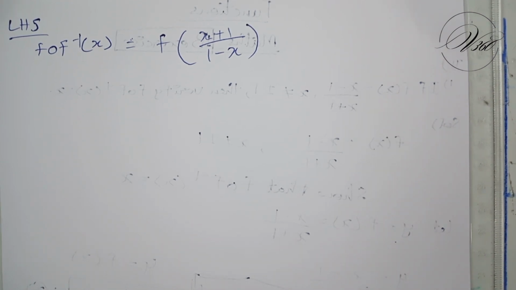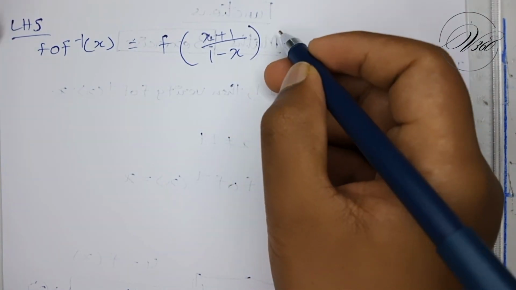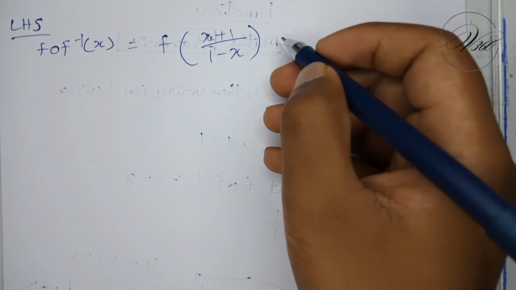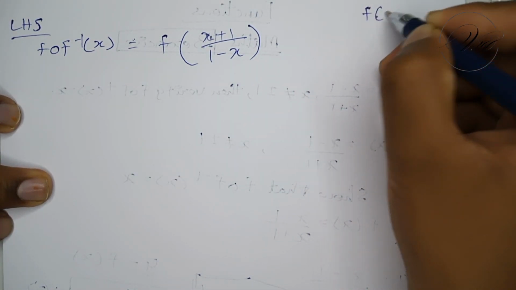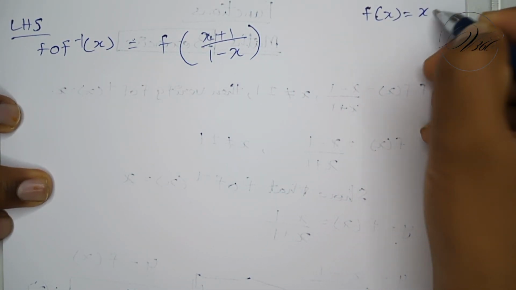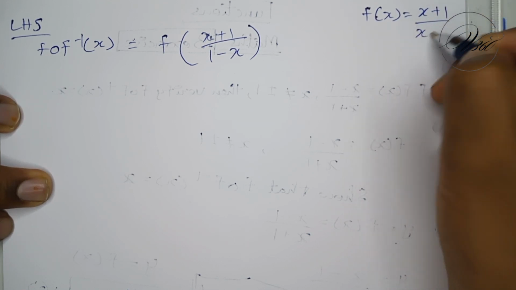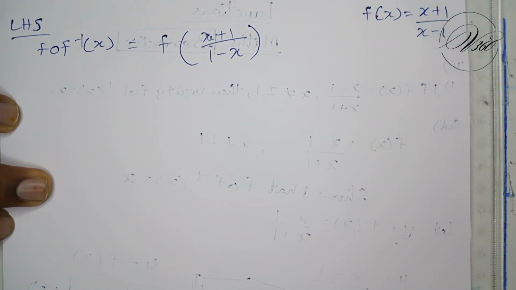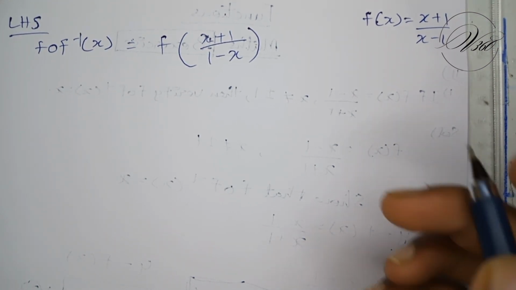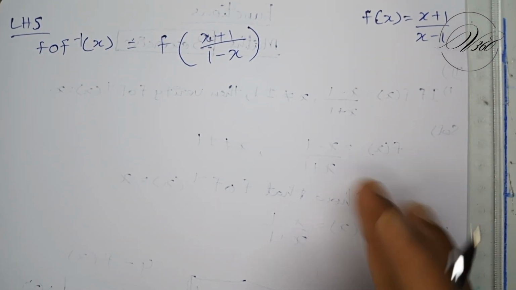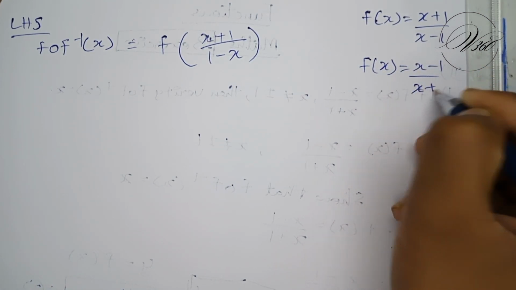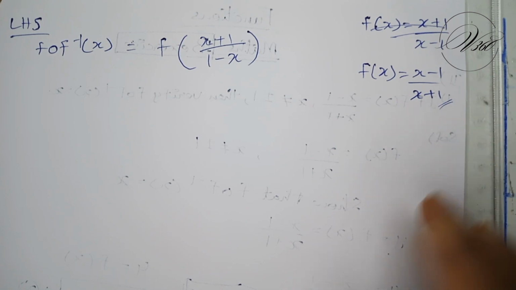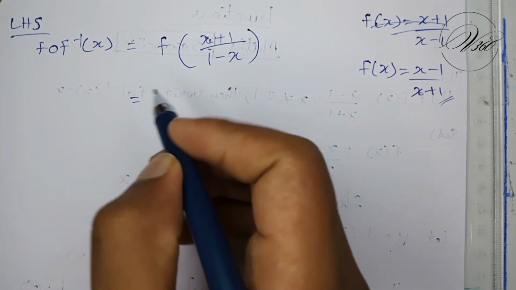In place of x we should write x plus 1 by 1 minus x. Sorry, I have written here wrong. Here f of x is x minus 1 by x plus 1. This is wrong. This is correct f of x.